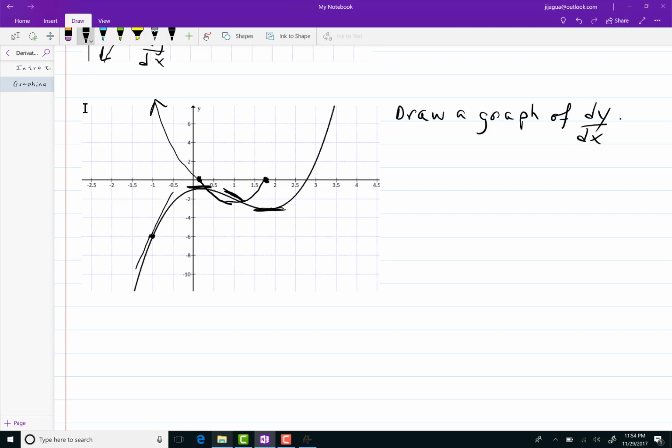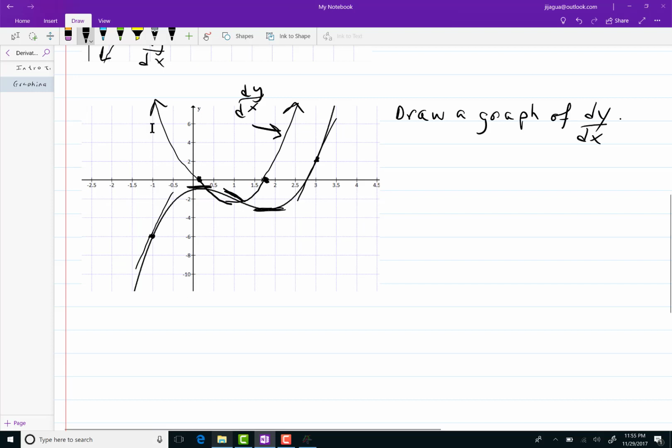Once it hits it, it goes like this. Because after this particular point, the original function is increasing again. Tangent line has a positive slope. So what it looks like is something like this. So dy over dx, once again, is this guy. Kind of like a parabola.